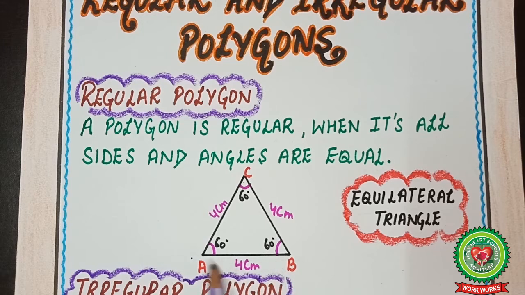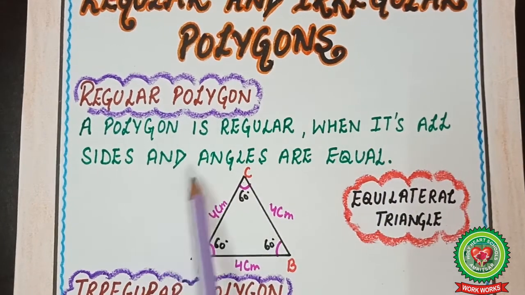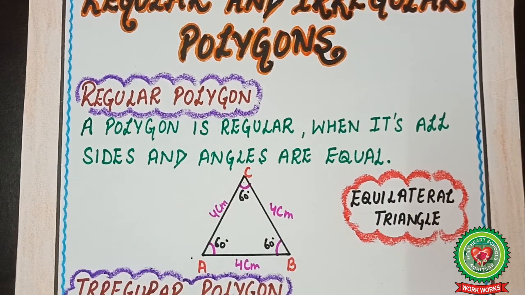Here I'm taking all sides as 4 centimeters, and in an equilateral triangle all angles are 60 degrees. The definition says a polygon is regular when all its angles and all sides are equal, so this triangle is called a regular polygon.